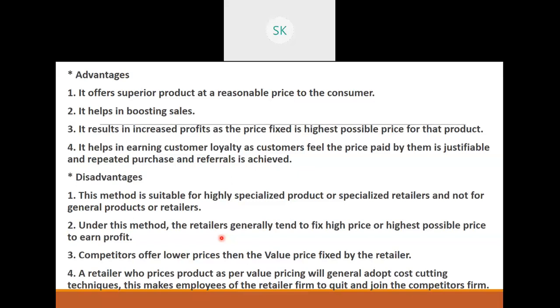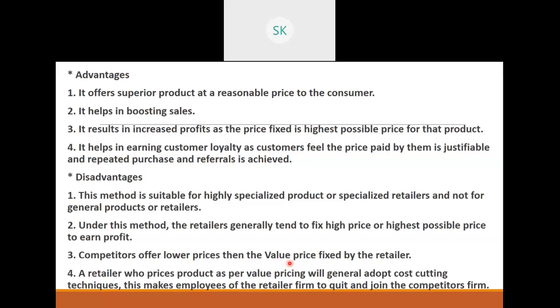Okay, but they will convince us saying that is the most value price for the product, because they are giving more features and quality in the product. So here this value pricing many times seems to be the highest possible price. Next, competitors offer lower prices than the value price fixed by the retailer. So this is what we discussed in the previous slide actually.